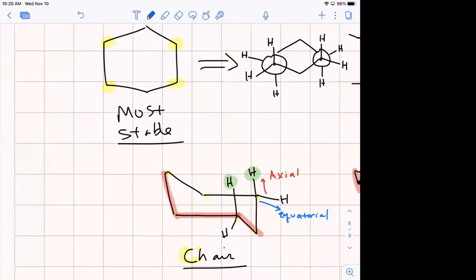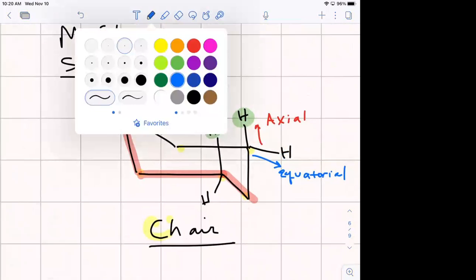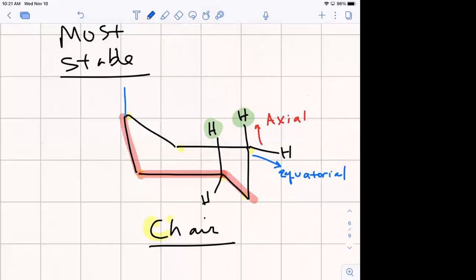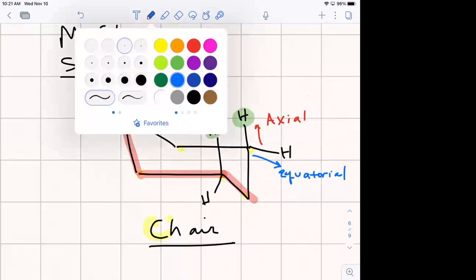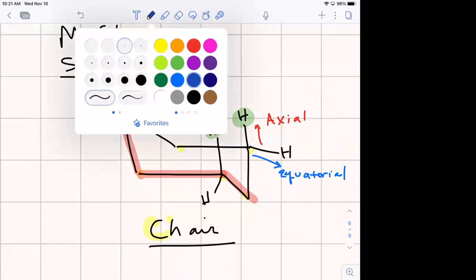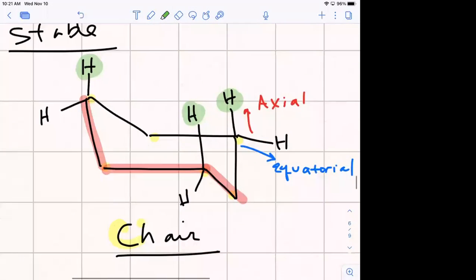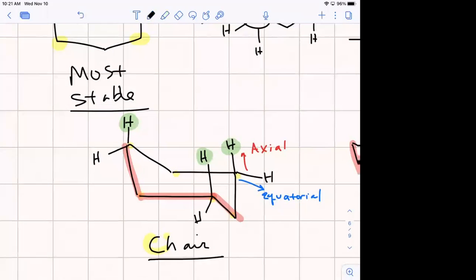All right. So then there's another axial site right here, which has an axial hydrogen, like so. And so this is the top face.